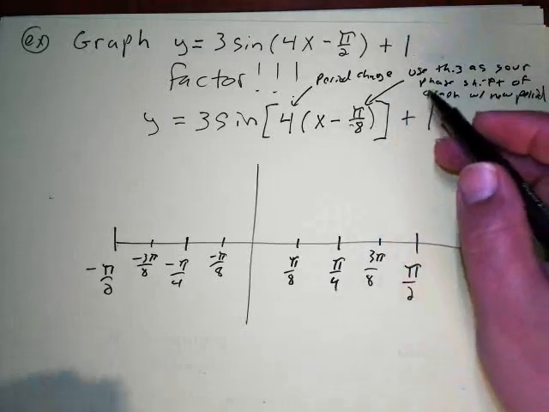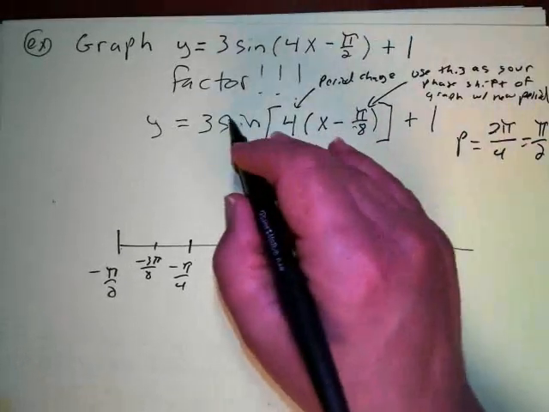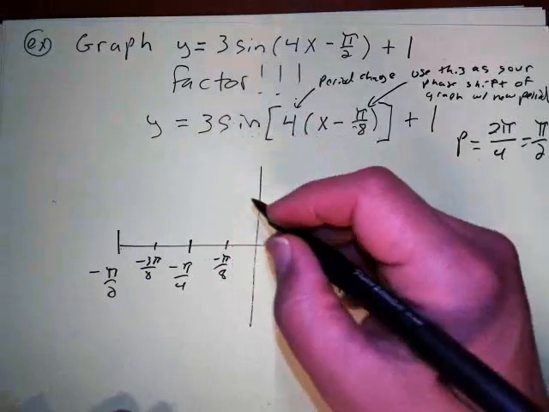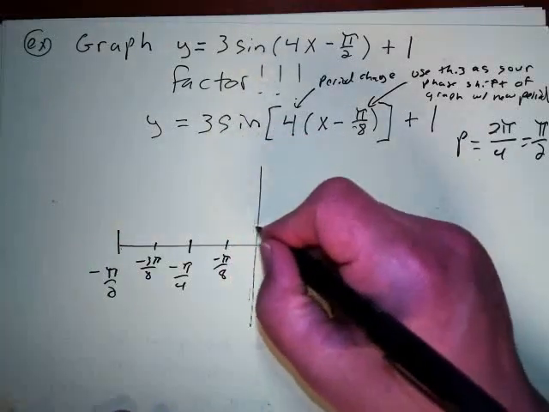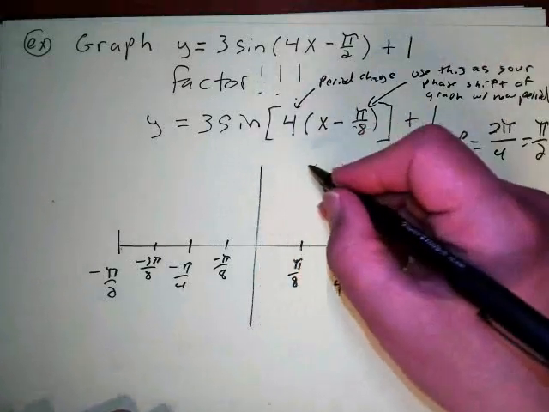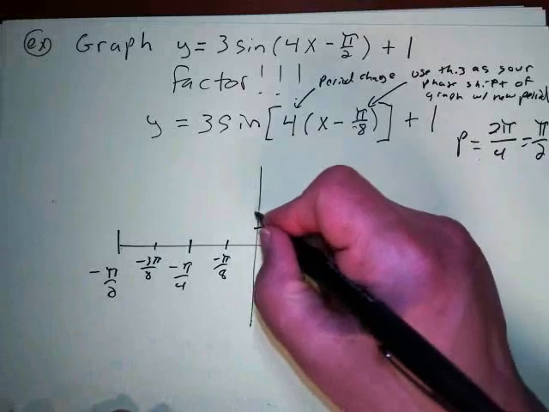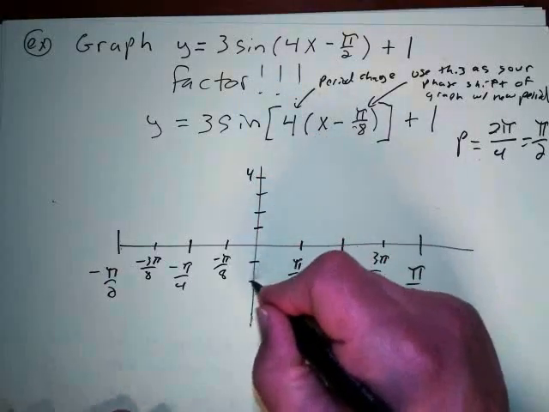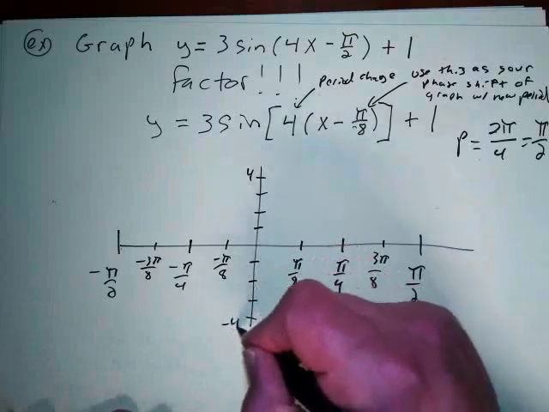So now we're going to shift it up 1, and we're going to have an amplitude change of 3. So if it oscillates around y equals 1 and the amplitude is 3, then this thing's going to go up to 4, isn't it? So I'll do 4 there. This is negative 4.